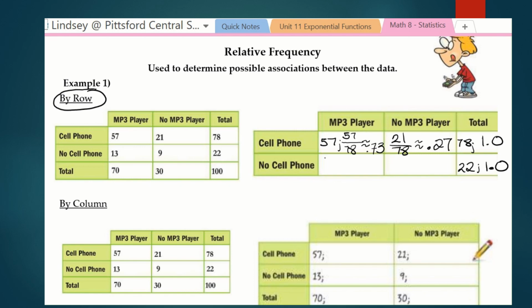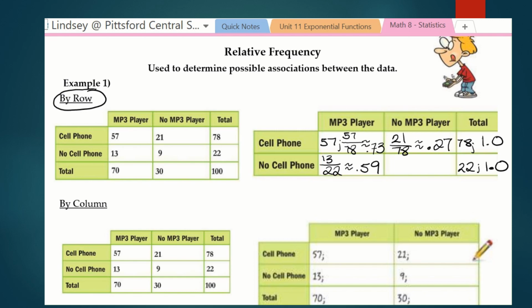We said there's 13 kids that own an MP3 player that don't own a cell phone. So 13 out of the 22. And if I put that in as a decimal, again, rounding to the nearest hundredth, I get approximately 0.59. I'm using the approximately here because our decimals do continue on much more past that hundredths place, so we're just going to round it, so we're approximating that value.